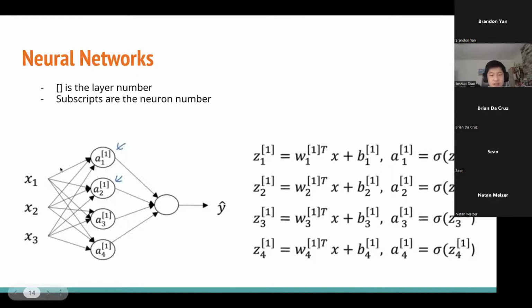You guys can think of these arrows as the theta we discussed before. When y equals mx plus b, m is a coefficient. So you can think of these arrows as the coefficients of the equation we're trying to find. And A1, A2, A3, A4 are the outputs. The subscript gives us the number of the output, and the superscript with the brackets around it indicates our layers. Normally we call the first hidden layer layer 1.